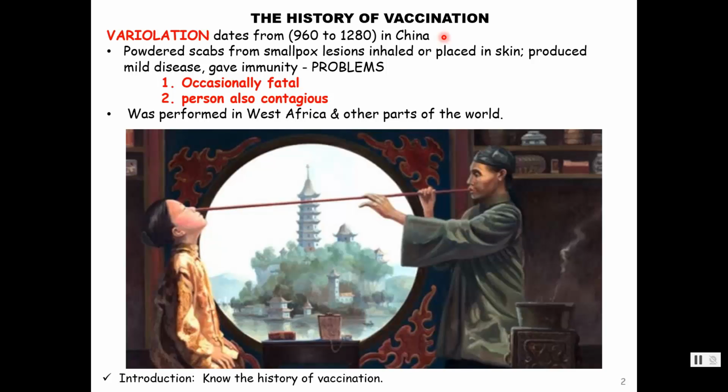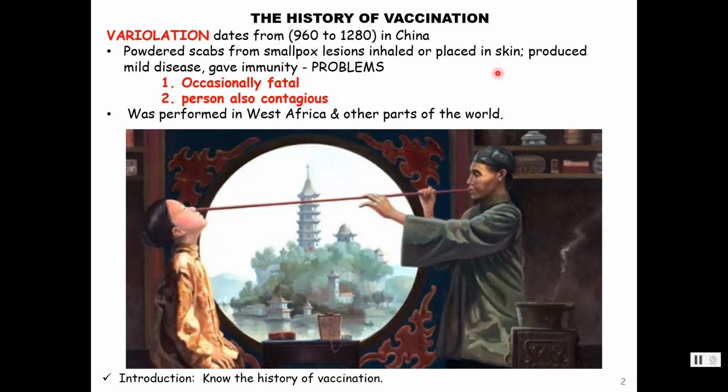They would scrape some pus, and then either through inhalation, which is what's happening in this picture where this child is being variolated, or by placing it underneath the skin, it was a milder disease than if someone got it naturally. And once someone got it, they were immune.